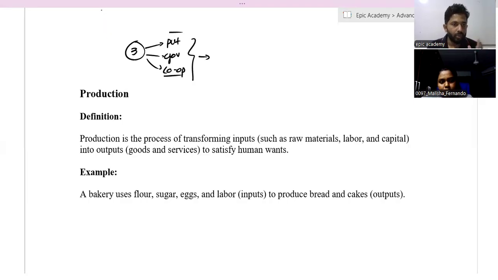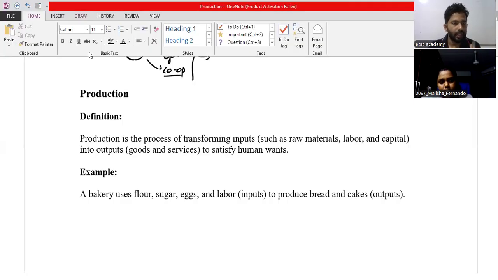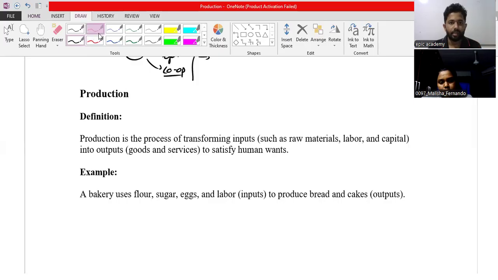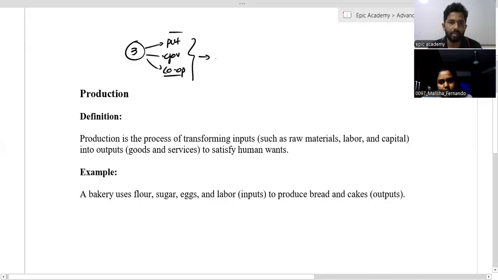How are they going to produce goods and services? They need production factors, factors of production. We call it input. Here, you can also identify inputs such as raw materials, labor, and capital.